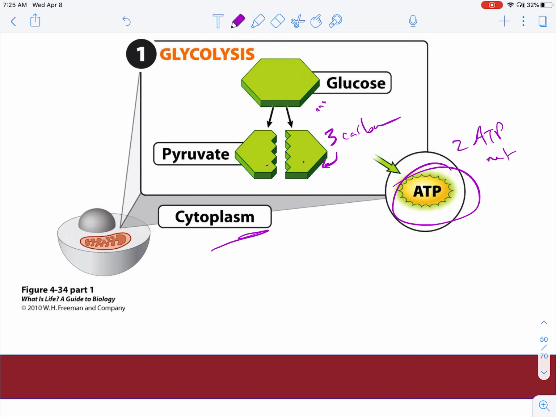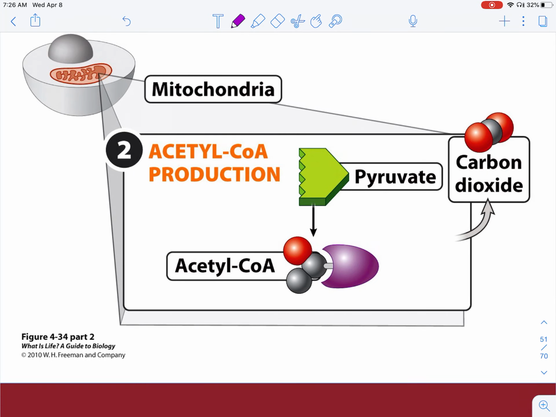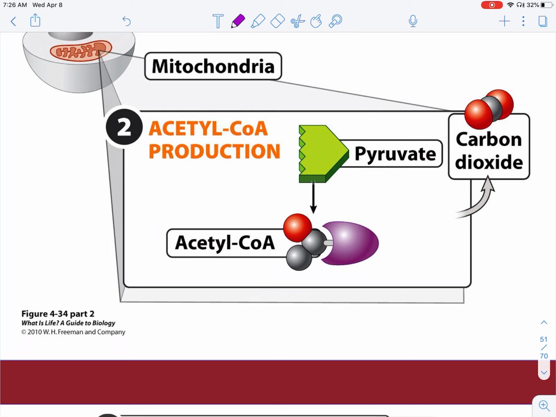This occurred in the cytoplasm without oxygen. All right. We then took that pyruvate, pulled it into the mitochondria, and chopped off first carbon dioxide to form a 2 carbon acetyl-CoA. You generated some NADH in the process. That NADH goes to the electron transport chain.